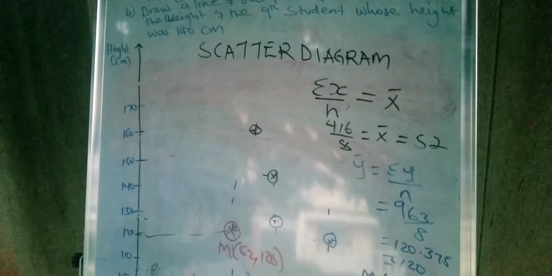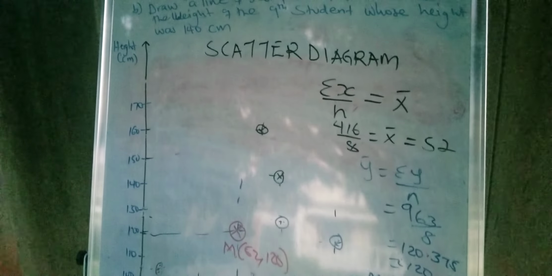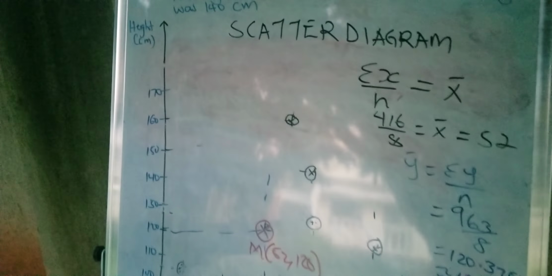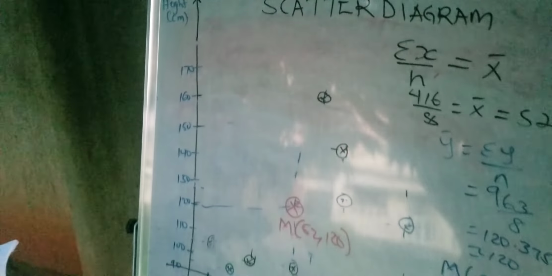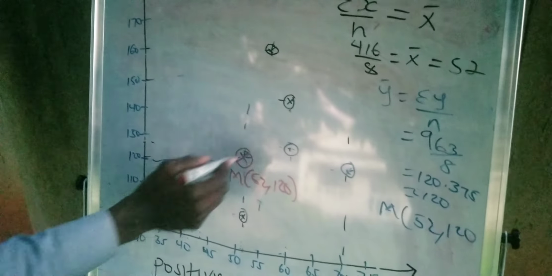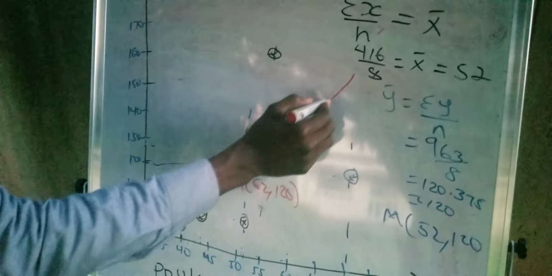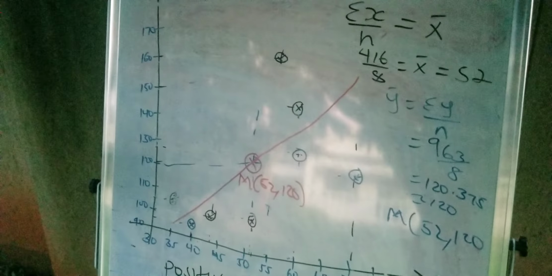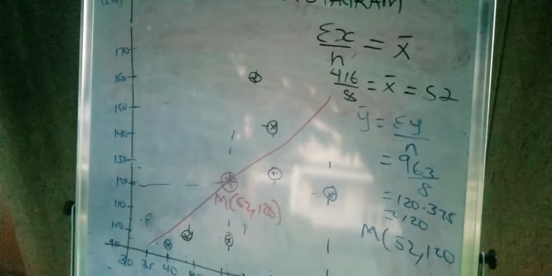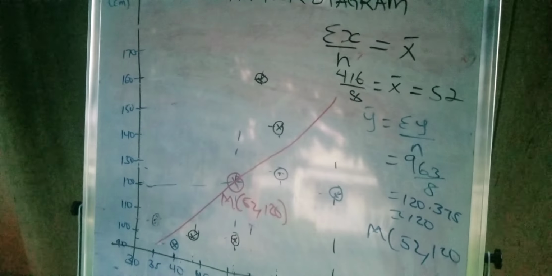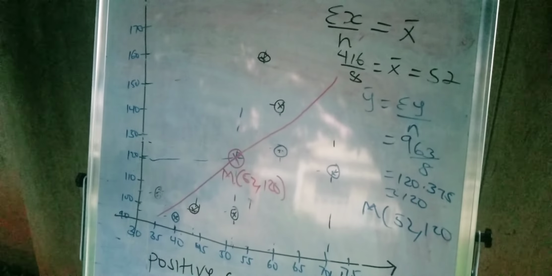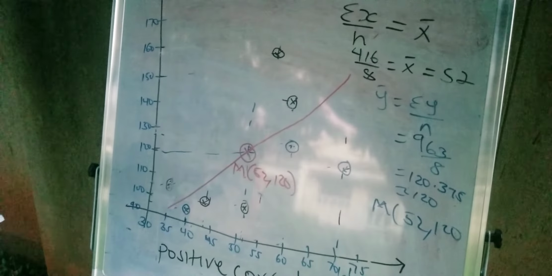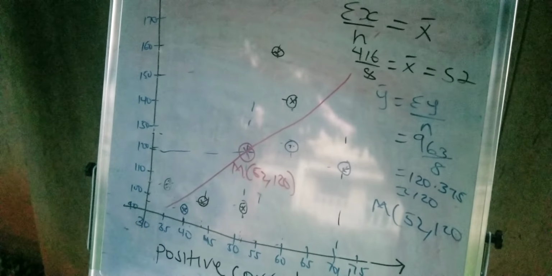I hope it is clear to everybody. In this case, we shall draw the point here, and then our line can pass around here, around there. We had one point which we didn't plot. Okay, we plotted all of them. So that is our M.